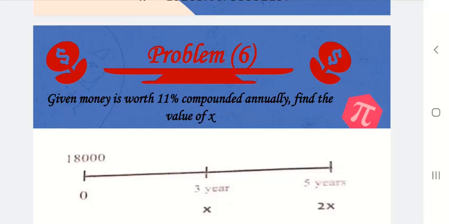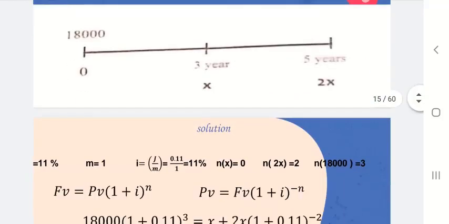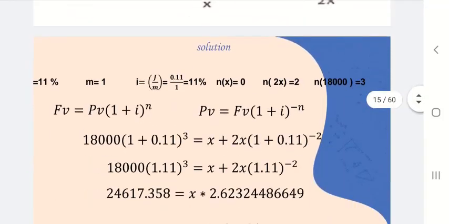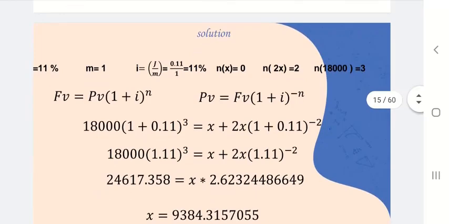Finally, N for 2X equals 2. J equals 11%, M equals 1, I equals 11% over 1 equals 11%.